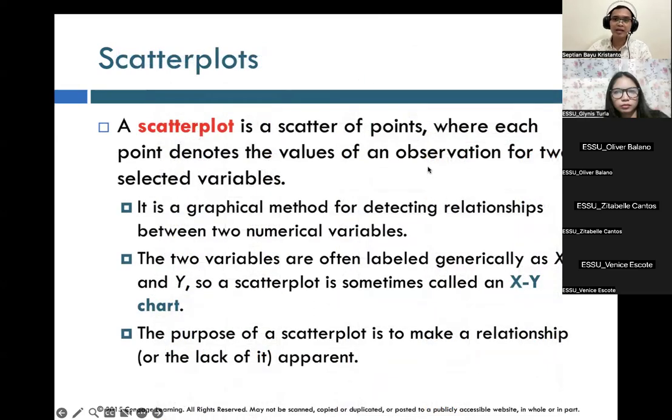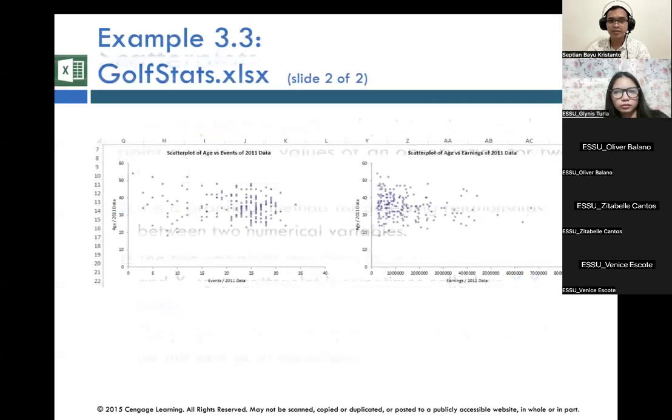Next, how to make a graph with dots, or scatter points. We call it a scatter plot because we denote any point or observation selected in our chart with the variables. This is a kind of scatter plot. You can make a scatter plot if you have two axes, an x-axis and a y-axis.